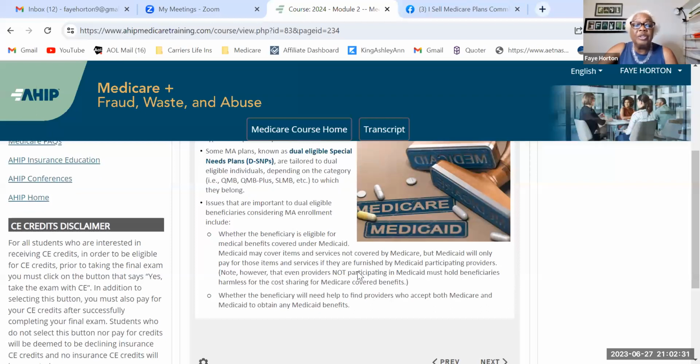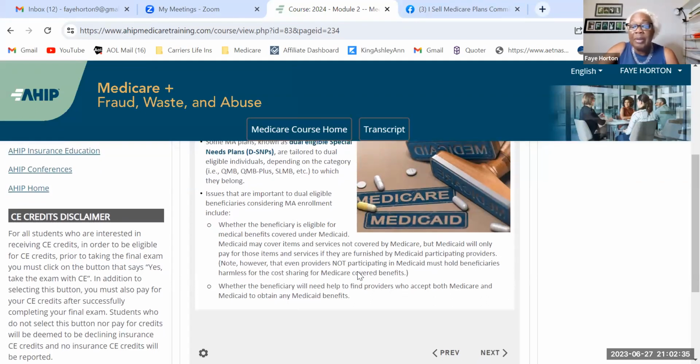Issues that are important to dual eligible beneficiaries considering MA enrollment include whether the beneficiary is eligible for medical benefits covered under Medicaid. Medicaid may cover items and services not covered by Medicare, but Medicaid will only pay for those items and services if they are furnished by Medicaid participating providers.